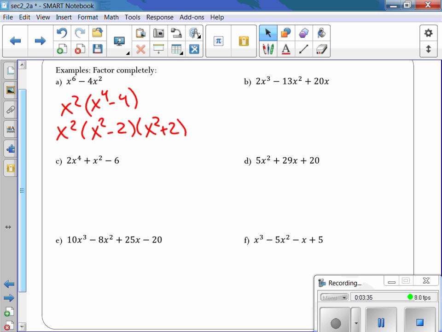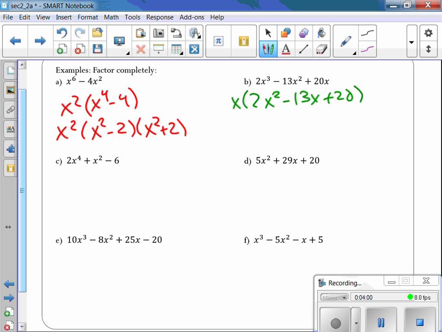With the next one, 2x cubed minus 13x squared plus 20x. Aaron, do we have any GCFs there? Okay. Absolutely. And what should we do next here, John? Crisscross.